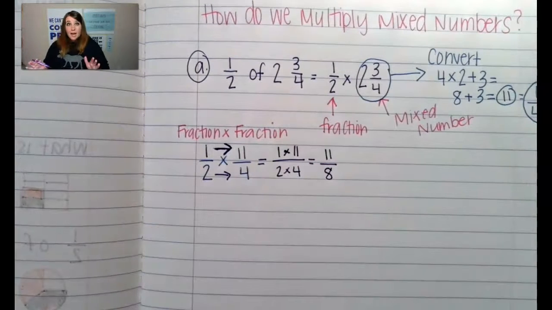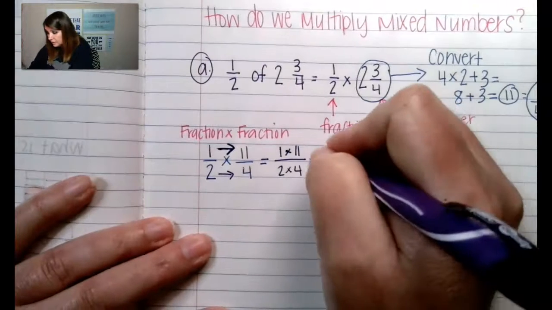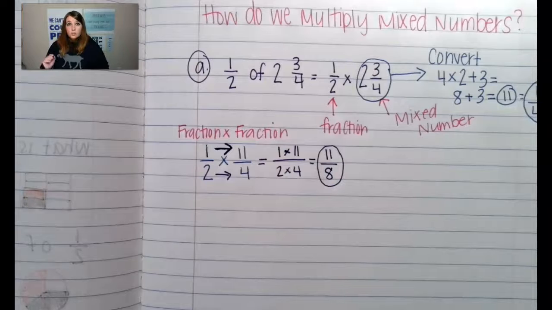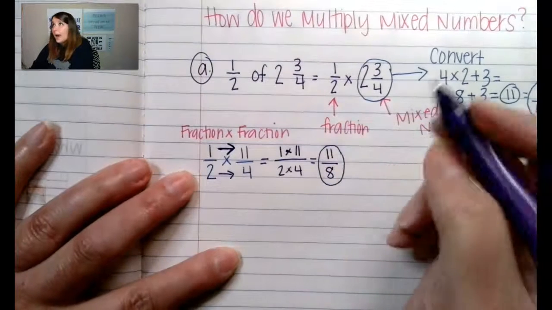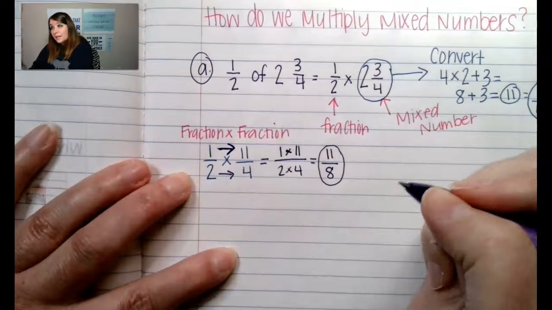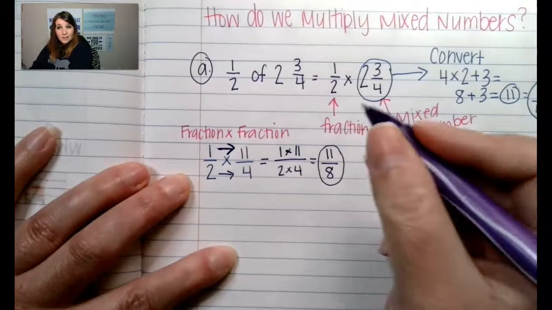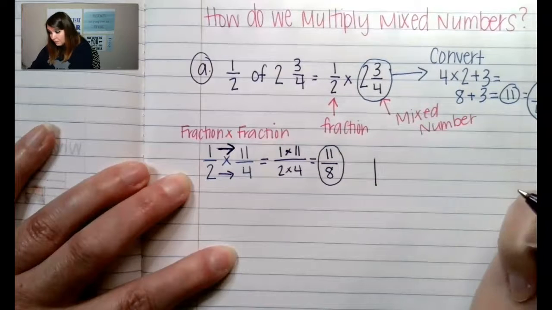Okay, now you are more than welcome to leave this just like this. Or you can take the skills that you learned last week and convert this back to a mixed number. So we can say, okay, how many times does 8 go into 11? Well, 11 divided by 8 goes 1 time, right?